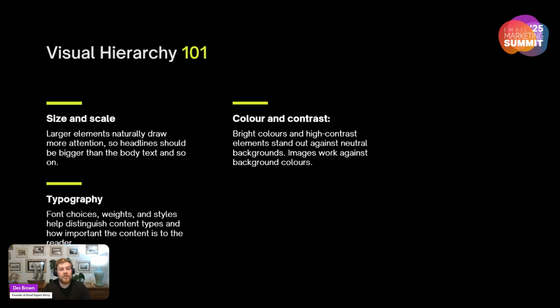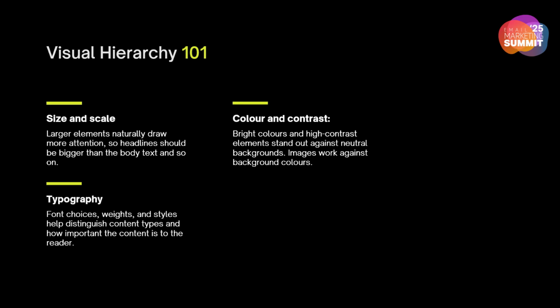Now, the third of those is your typography, and there are a couple of pros in the email world that do this really well. But things like your font choice, the weighting of those fonts, the styles, and the way that those are structured within your emails help distinguish which content types are important to your reader, and it also shows them which content belongs in which order. That typography definitely helps structure that.